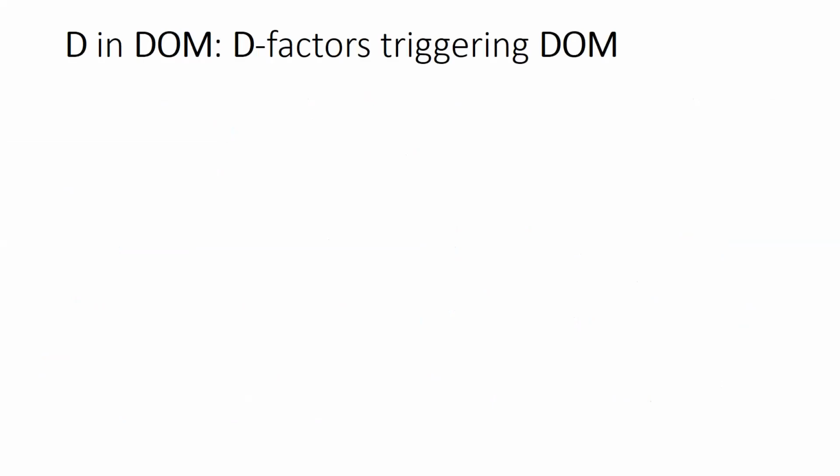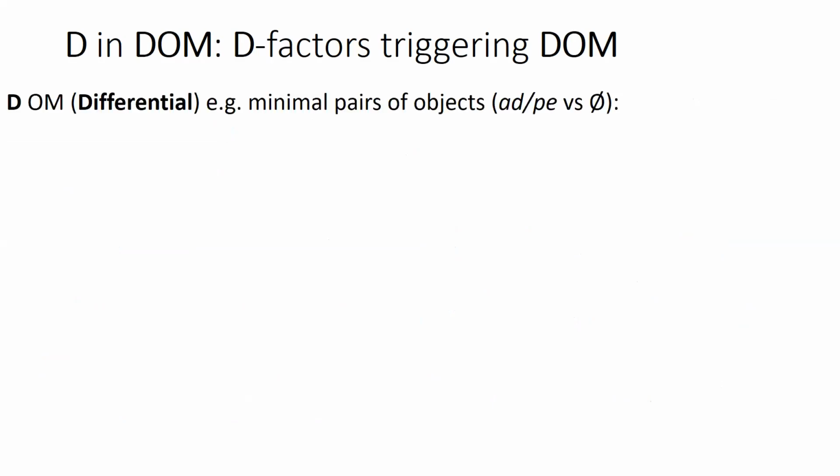All right, if we just get back to the title of my talk, D in DOM. What is D in DOM? Well, obviously, D is the first letter of DOM, but I'm going to define this in different ways. The first meaning of D is of course differential, because DOM stands for differential object marking. So it's the use of minimal pairs of objects, right?